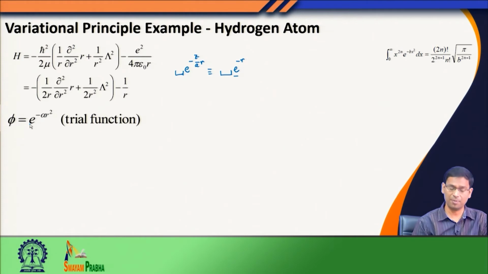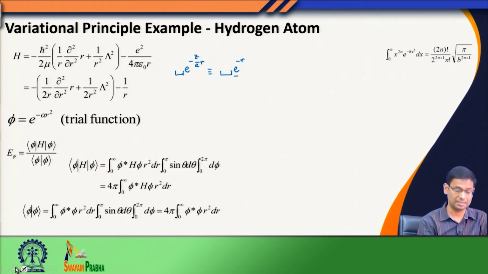If I have defined my phi, I can always obtain the energy E of phi, which is one energy integral, phi H phi, with phi in the bra and phi in the ket. If you want to look at the term in integral form, this is written here. Remember my trial wave function only has a radial part, so there is no term in the angular part, but just to make it complete, this integral will have terms with r square dr, and terms with sin theta d theta and d phi.